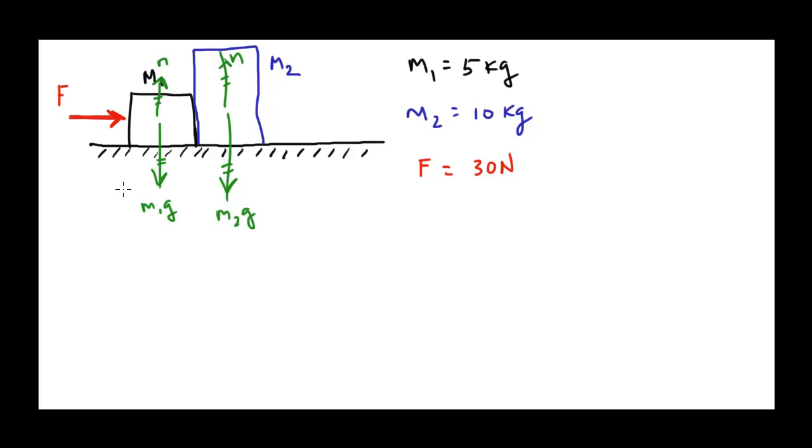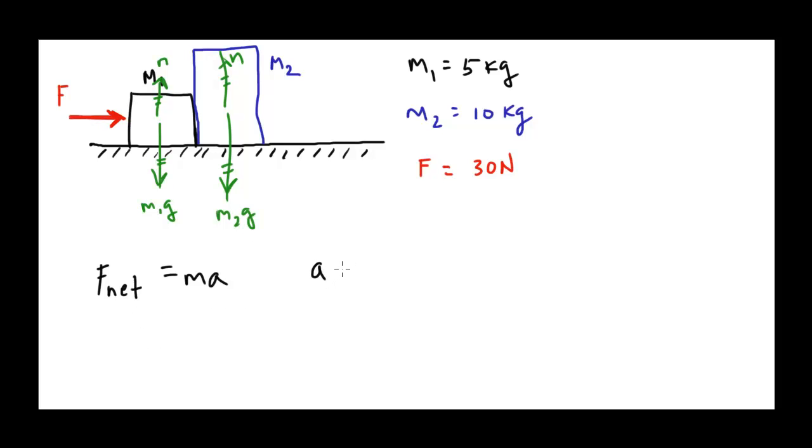From this point on, I'm going to ignore those vertical forces and just think about the horizontal forces. So what's the acceleration of the system? We take F net equals ma. The acceleration of the system is the net force divided by the mass.